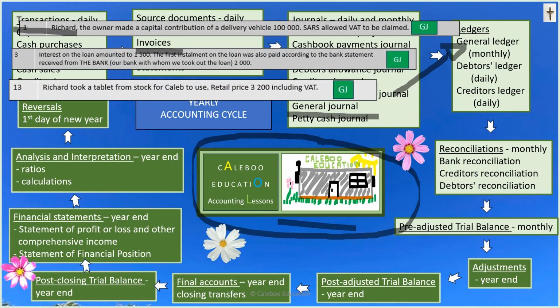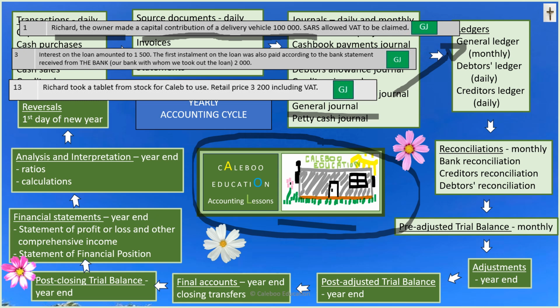Here are some examples of the transactions that we're going to cover. Remember, these are transactions that don't fit into our normal journals, the journals that we have dealt with already. So say, for example, Richard, the owner, made a capital contribution of a delivery vehicle.